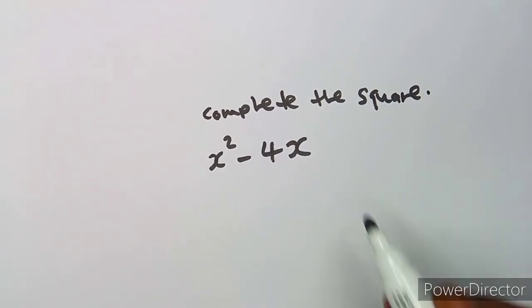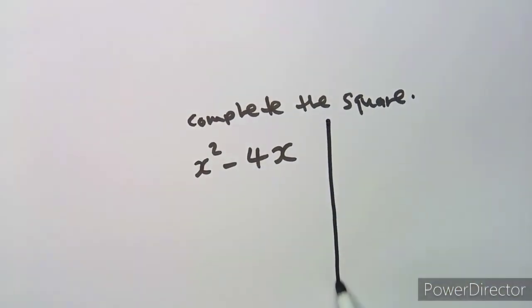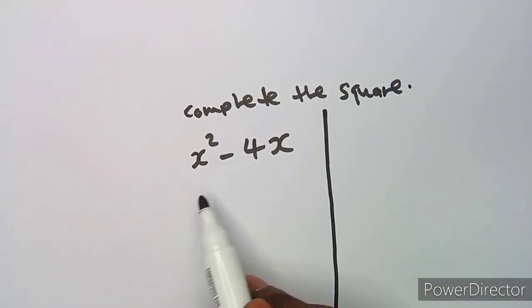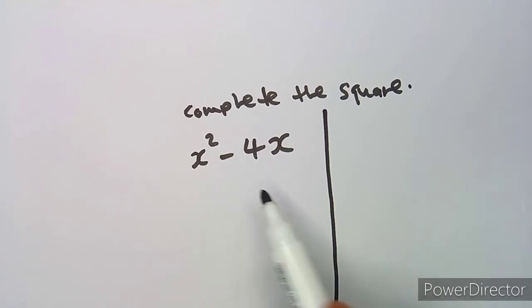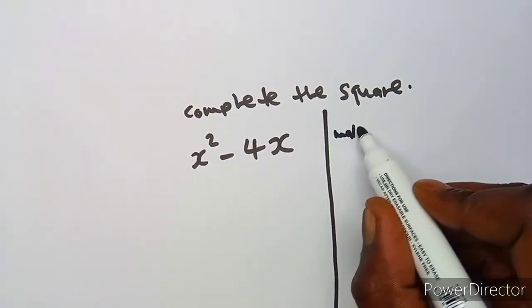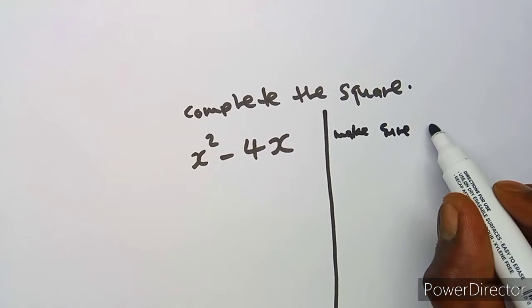All right, so this is what you're going to do. From this expression that you have here, the first thing is to make sure that the coefficient of x squared is 1.